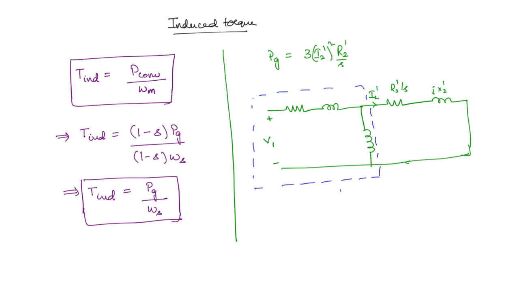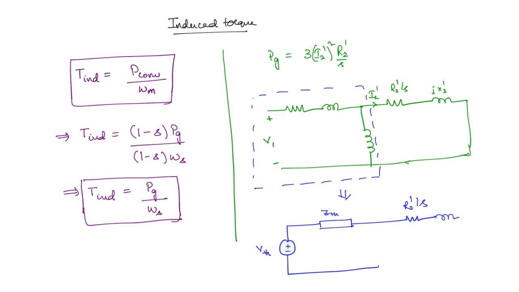So what will that be? We have VTH and ZTH, with a resistance and a reactance part. And here you have R2 dash by S and jX2 dash. This is going to be I2 dash.